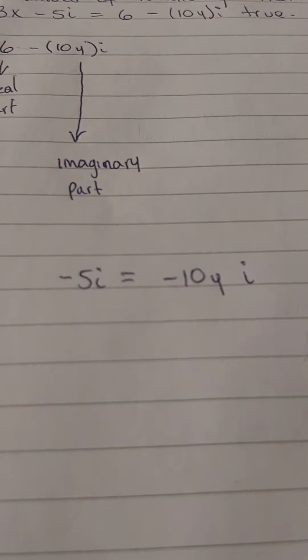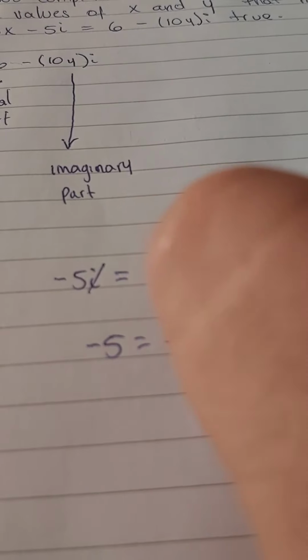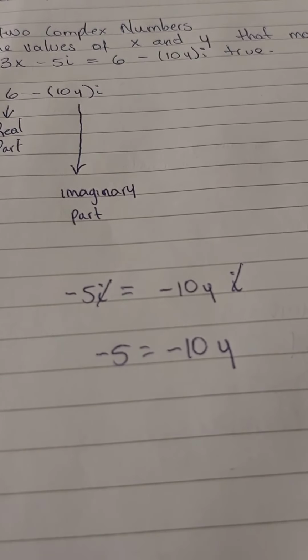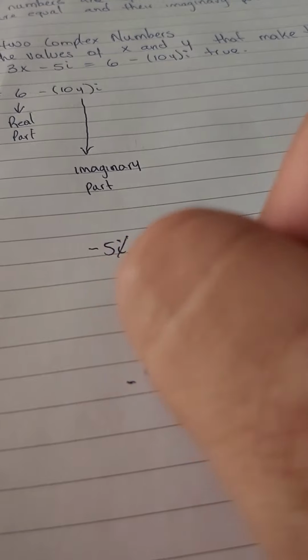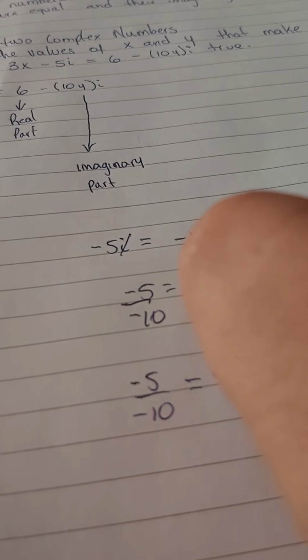Now, in the imaginary part, we can cancel the i's in common, and we get negative 5 equals negative 10y. So let's find the value of y. Let's leave y by itself, so we divide by negative 10. We get negative 5 over negative 10 equals y.